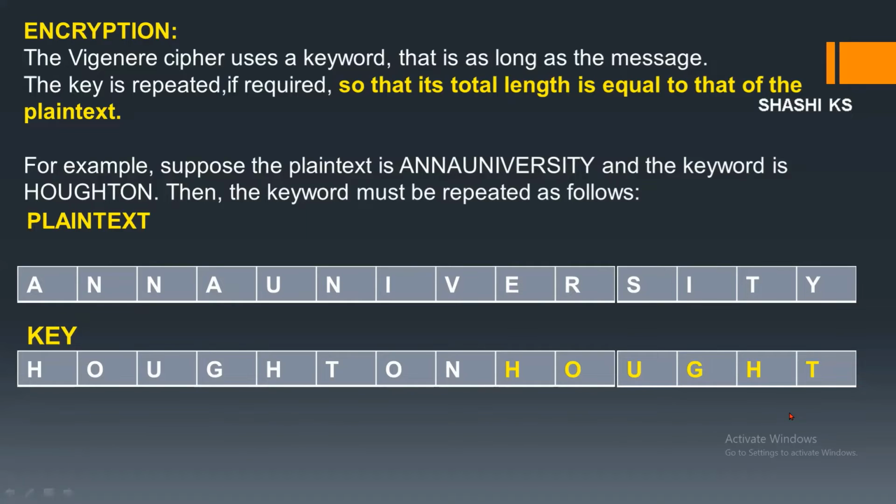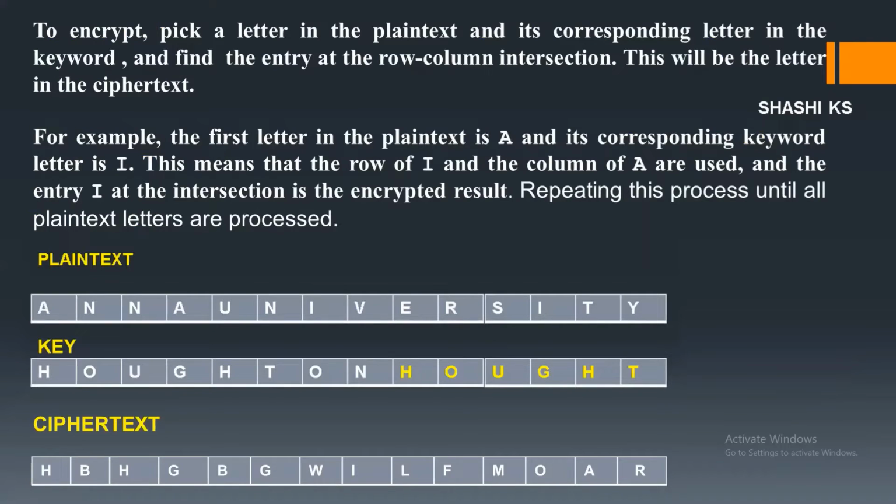Next, to encrypt and convert the plain text to ciphertext, we pick a letter in the plain text, which will appear in the column header, and the corresponding letter in the keyword, and we find the entry at the row-column intersection. This will be the letter in the ciphertext.